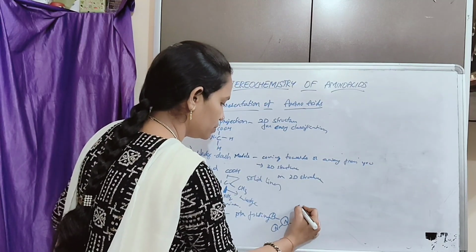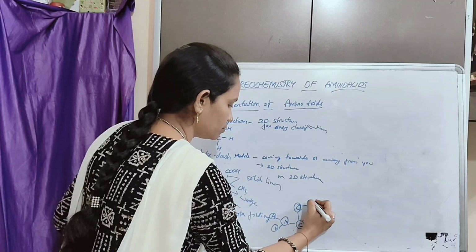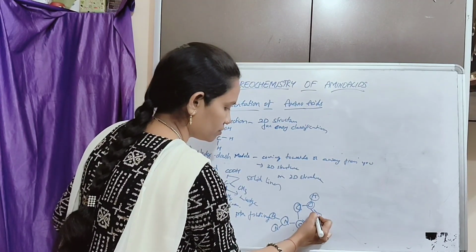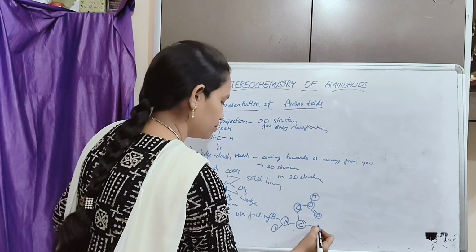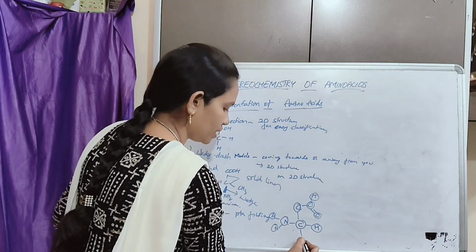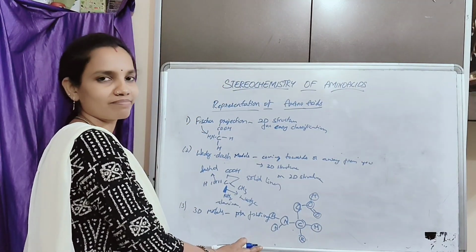This is the amino group, oxygen, this is the H group, and this is the R group. Is it clear? This is the 3D model.